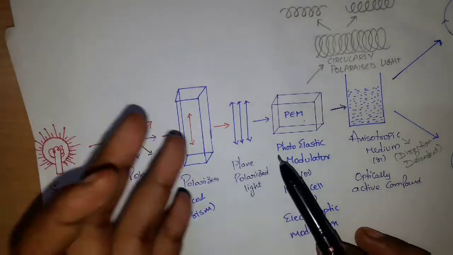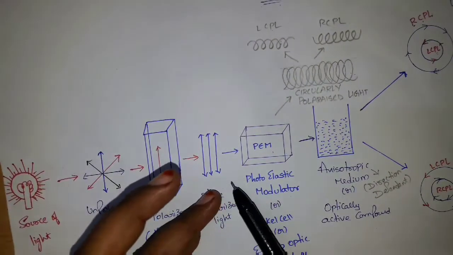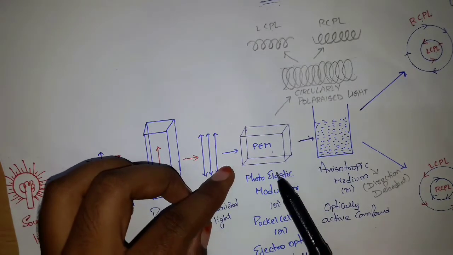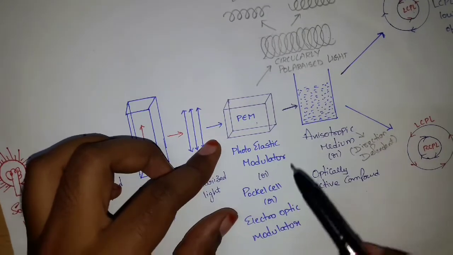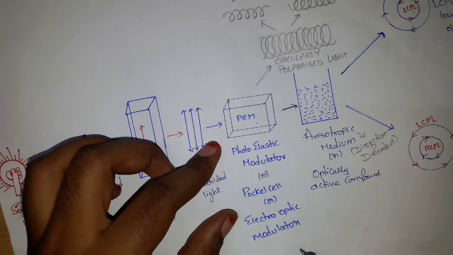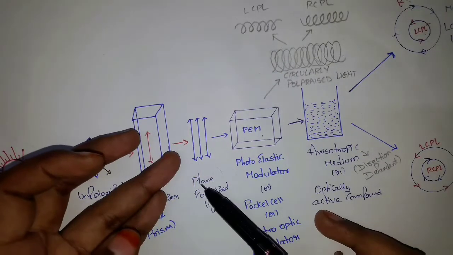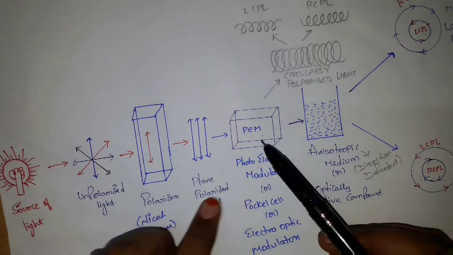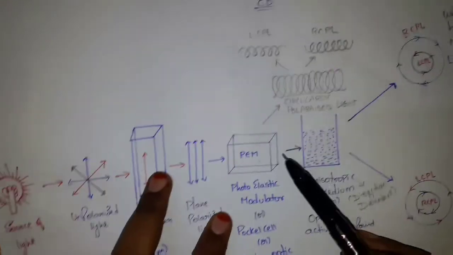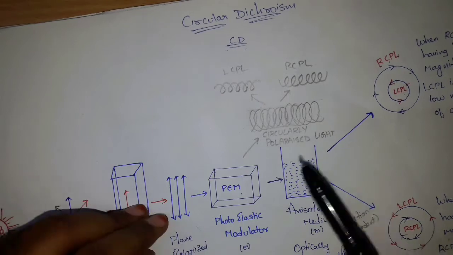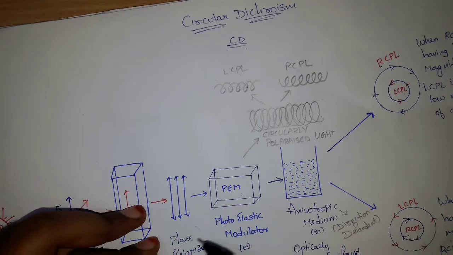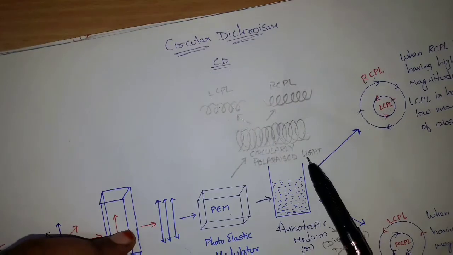After the plane polarized light is produced, it is incident on a photoelastic modulator, or else we can use a Pockels cell or electro-optic modulator. When the plane polarized light is incident on the photoelastic modulator, it converts the plane polarized light into circularly polarized light.